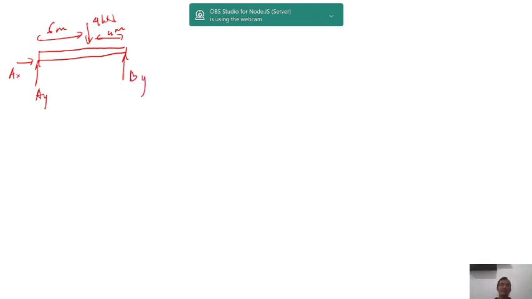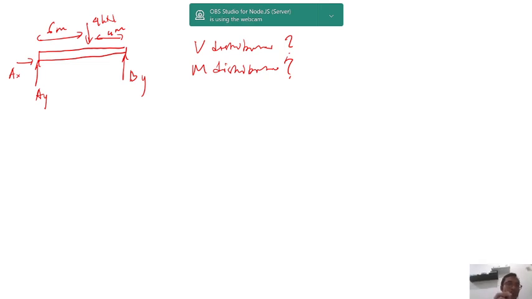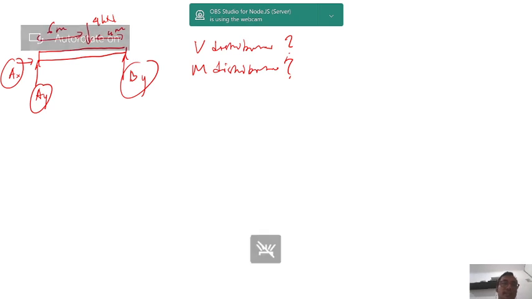As usual, whenever you have a problem like this and you are asked to find the force distribution and moment distribution, what you can do first is to try to find the external forces happening there, AX, AY, BY. Try to solve for AX, AY, and BY.